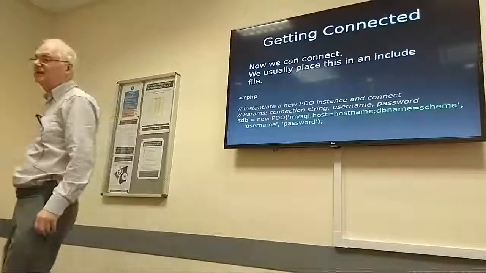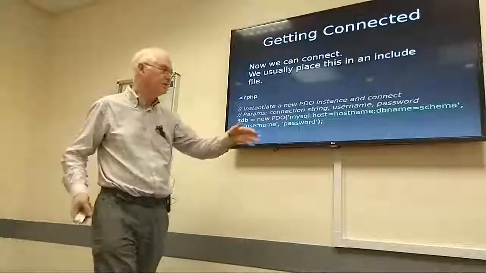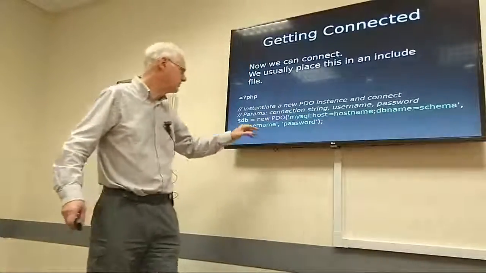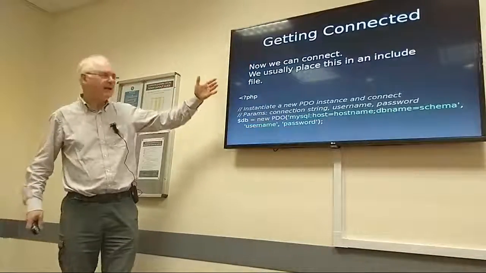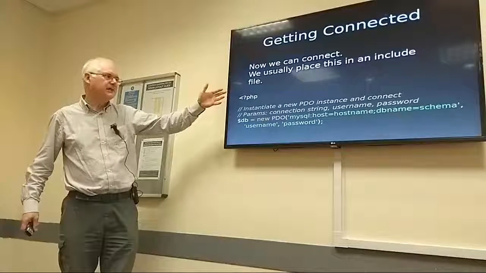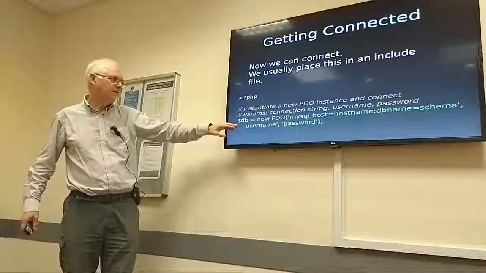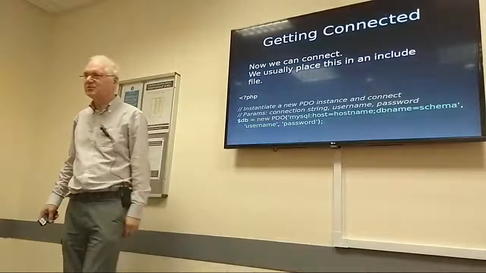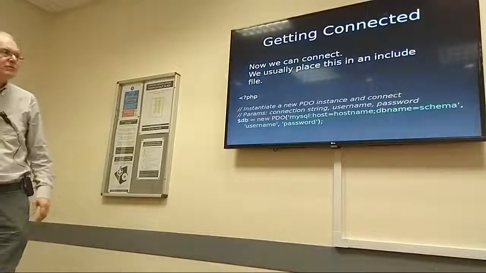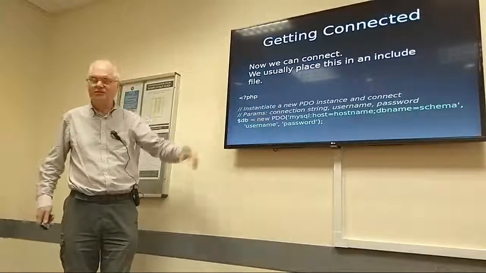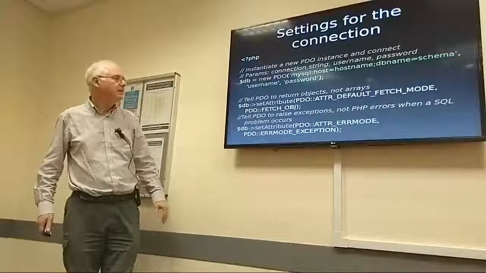You might very well have those in actual coding as variables: $hostname, $schema, $username, $password, and they might be defined as attributes. Things like username and password might come through as parameters to whatever the including function is, maybe.